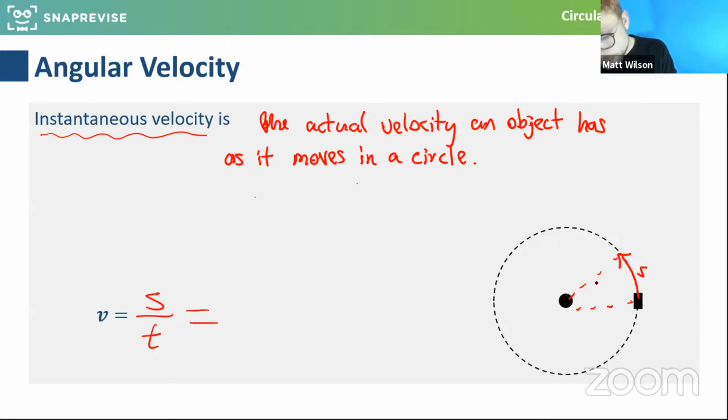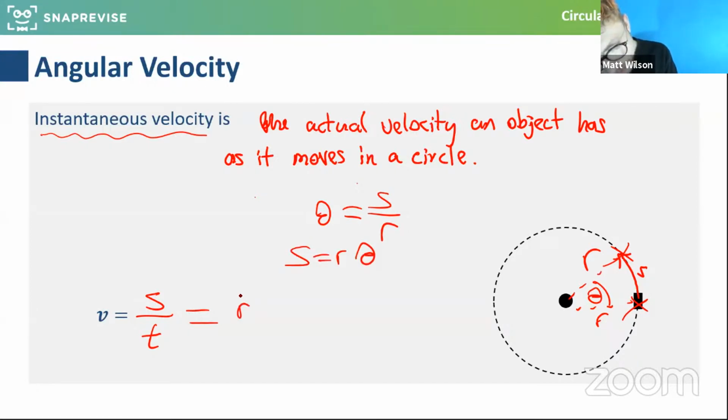Now, let's say we know the angle that a particle has traveled through. So we're going to try and mine a couple of other formulas out of this one now. Let's say we know the angle a particle has traveled through, and we know the radius. Well, we know that theta equals s over r. So therefore, s equals r theta.